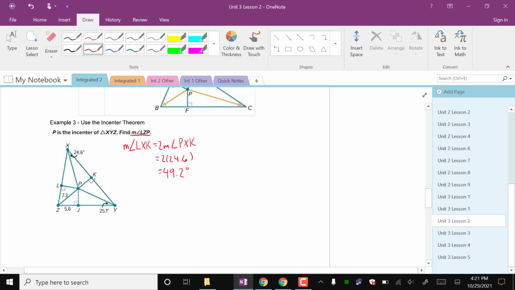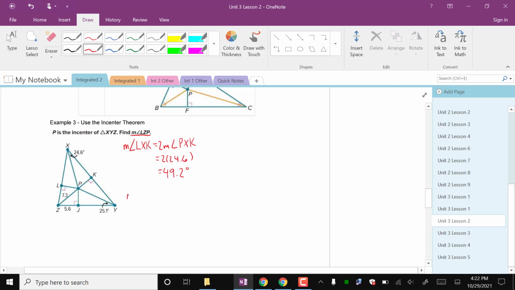Also, we have over here angle KYJ. This one is bisected by YP.